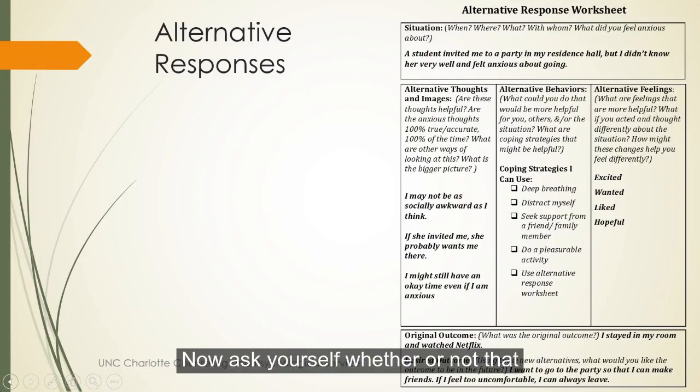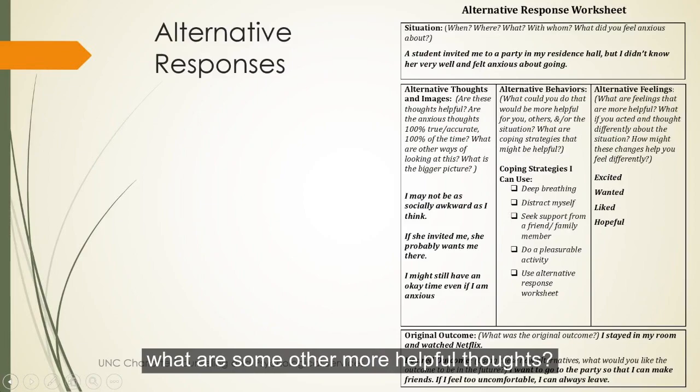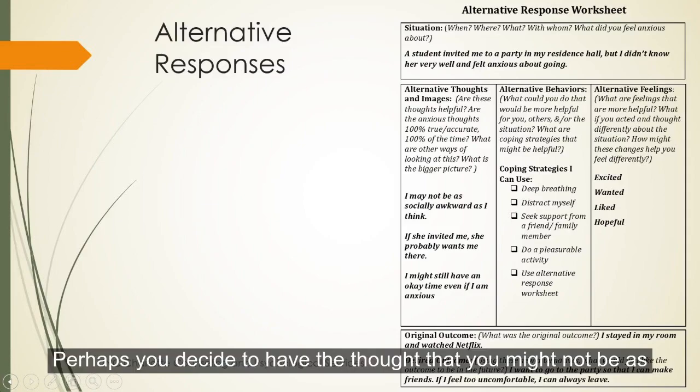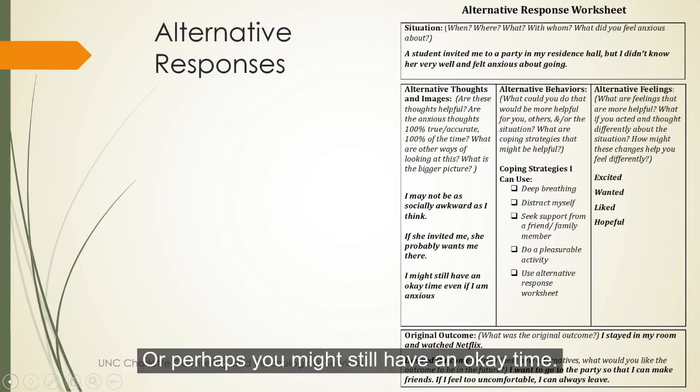Now ask yourself whether or not that thought is helpful or 100% accurate 100% of the time? Chances are it's not. So, what are some other more helpful thoughts? Perhaps you decide to have the thought that you might not be as socially awkward as you think, or perhaps you might still have an okay time.